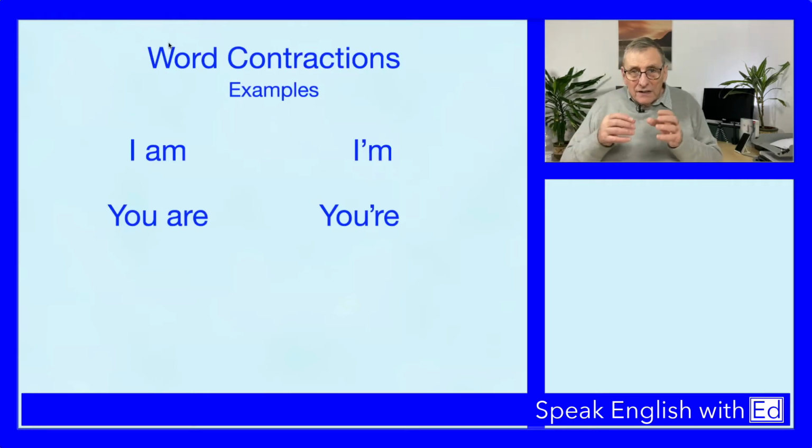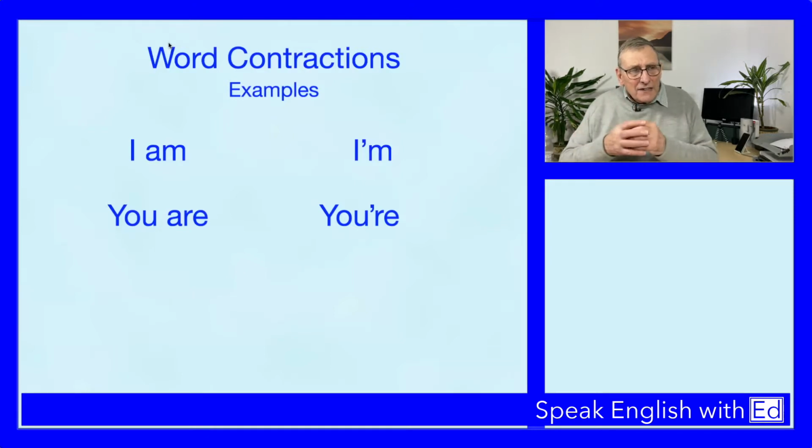This is the contracted form of you are. You bring it together and you say you're happy, you're hungry, you're driving down the road, you're out for a walk. So you are contracts down into you're.